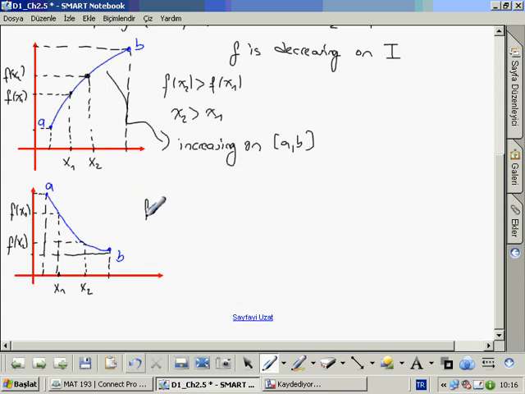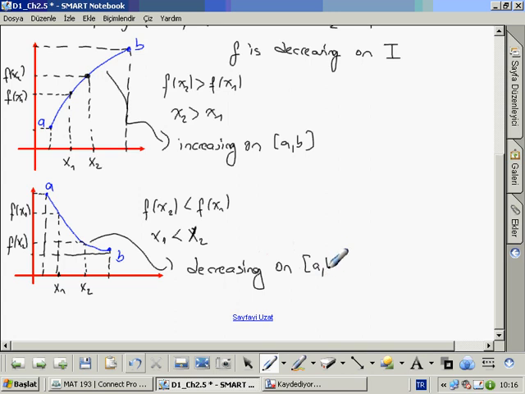As you see, f of x2 is less than f of x1 wherever x1 is less than x2, right? So we can say for this function, decreasing on the closed interval a comma b.